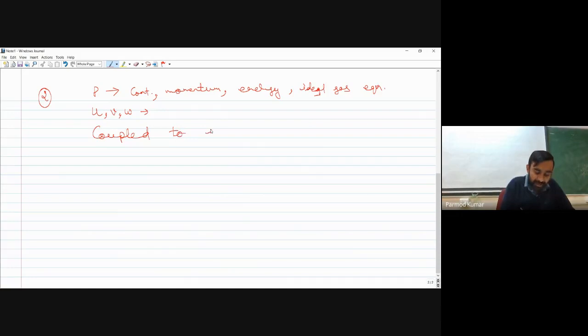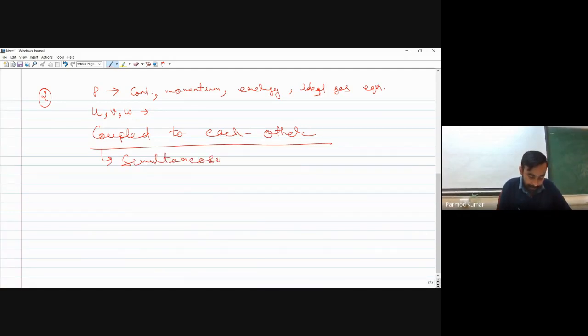And if equations are coupled to each other, we have to determine a simultaneous solution of these equations in order to calculate our number of unknowns.